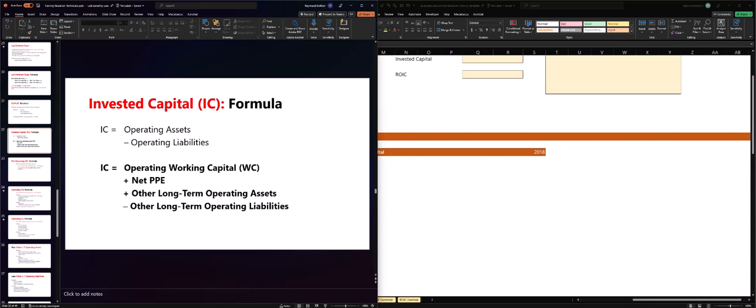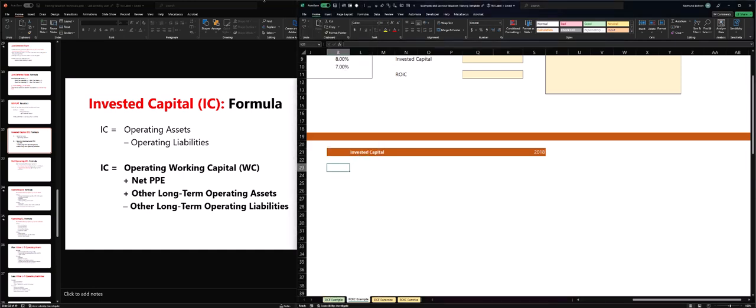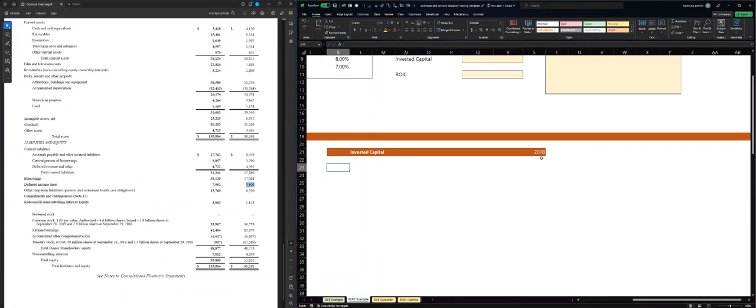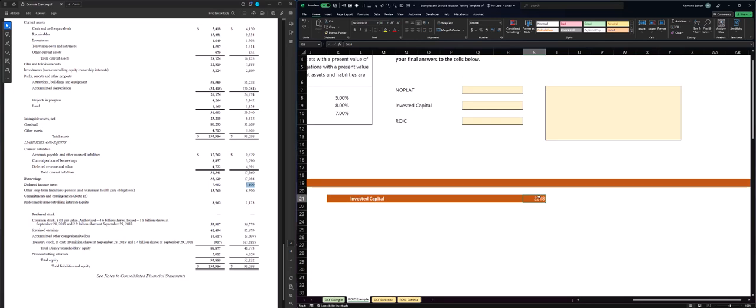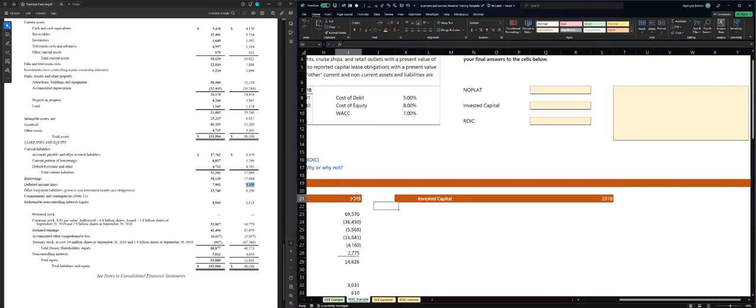Right there. So we'll start with operating working capital, and then go through the hard assets. Keep note that we're using 2018 because that will be our denominator. To get the ROIC, you need what you earned that year divided by your invested capital the year before.